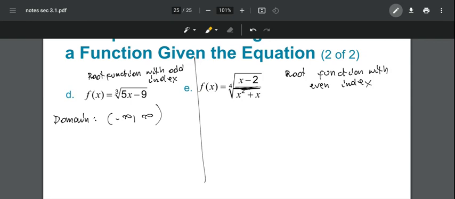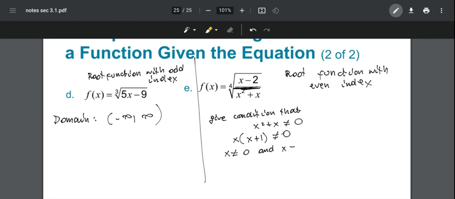So first of all, we have to give the condition that x squared plus x can never be equal to 0. Factor x out, so that will be x times x plus 1 never equal to 0. That means x cannot be equal 0 and x cannot be equal negative 1. Okay, so we have two conditions here.